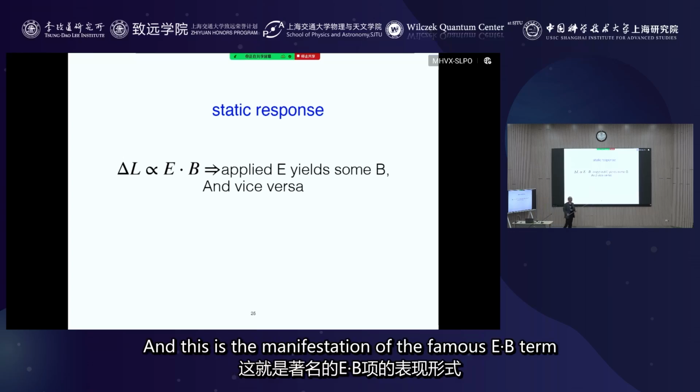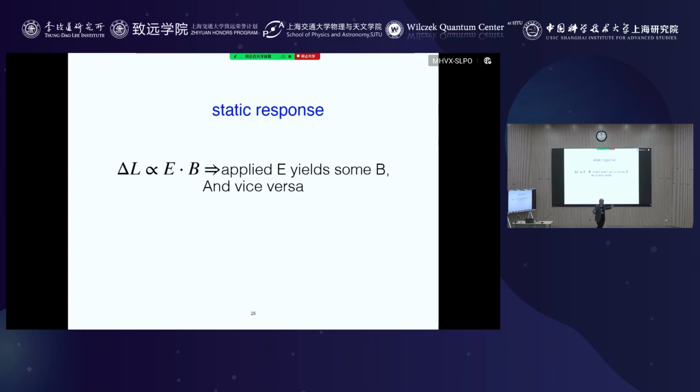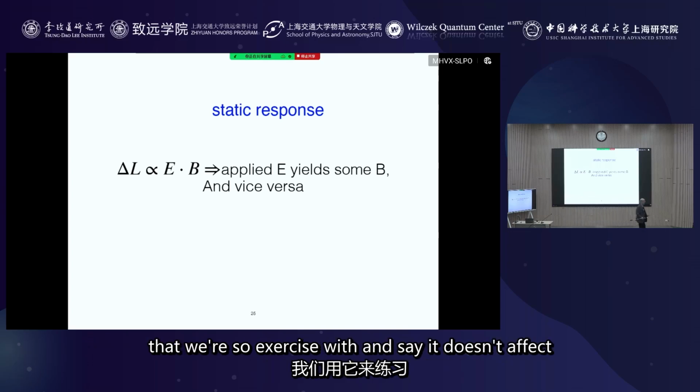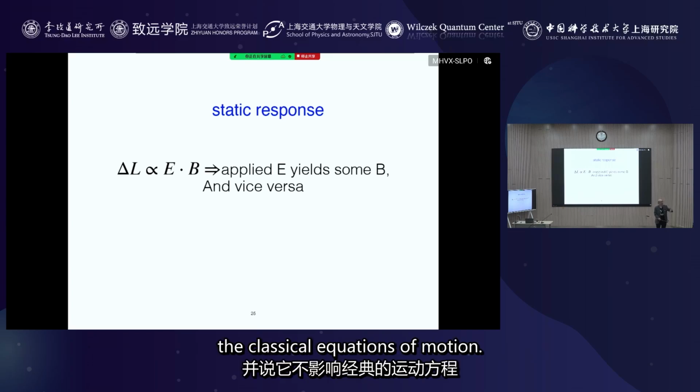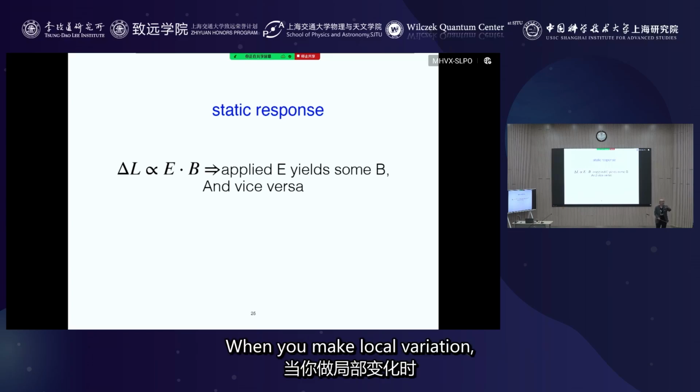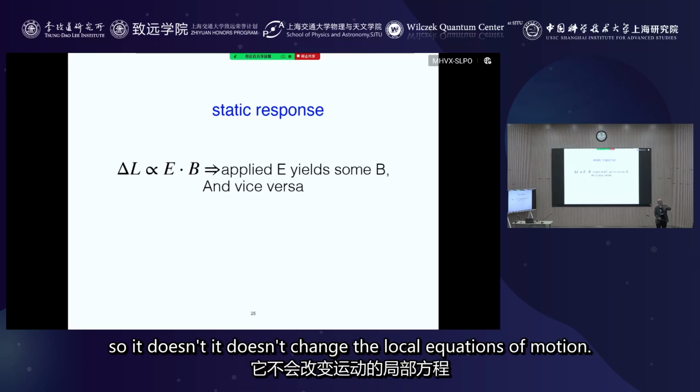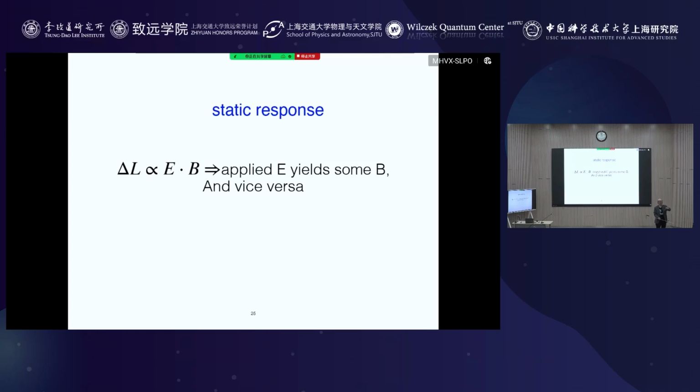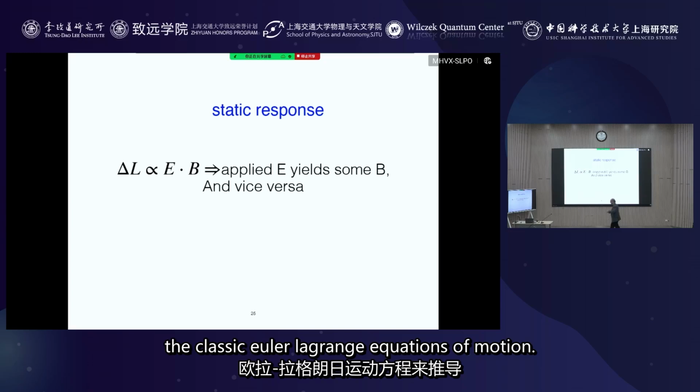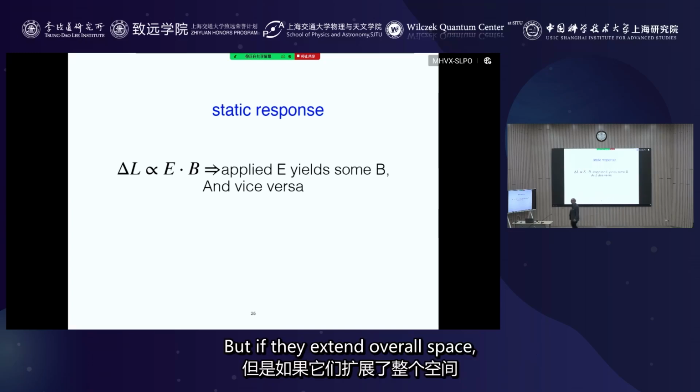This is the manifestation of the famous E dot B term that we're so exercised with, and say it doesn't affect the classical equations of motion when you make local variation. So it doesn't change the local equations of motion that you use to derive the classic Euler-Lagrange equations of motion.